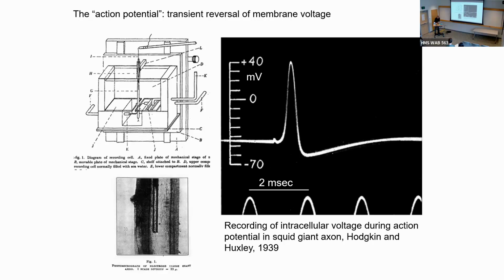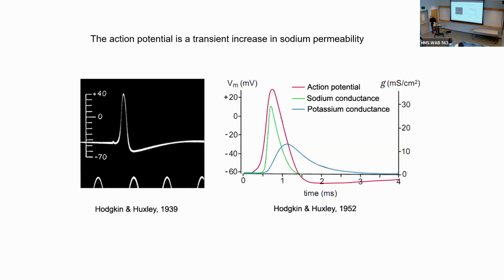And then there was a little gap during World War II where they were working on radar and couldn't do experiments anymore. But when they came back and started doing more experiments on the squid axon after the war, they did an amazing series of experiments, which are encapsulated in the famous Hodgkin-Huxley papers of 1951, and very well worth reading to this day.